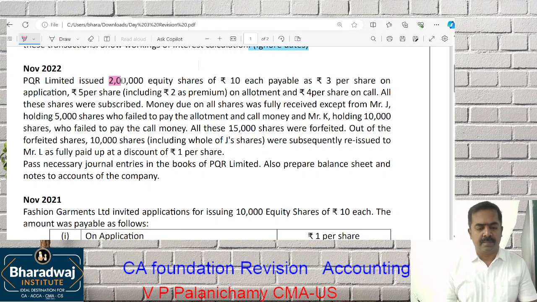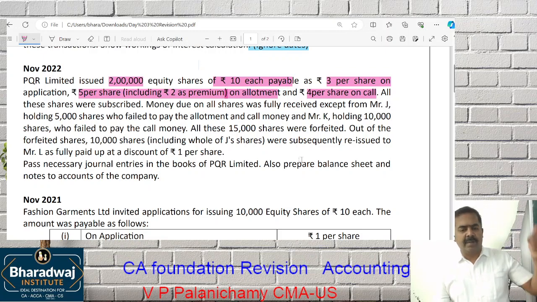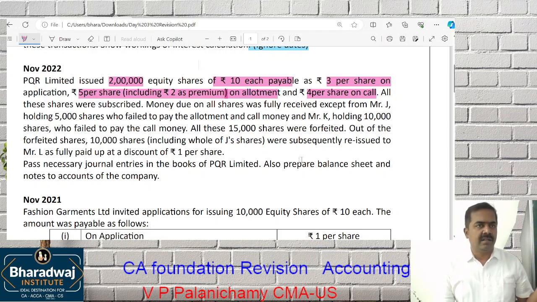How many shares are issued? 2 lakh equity shares of 10 each. 3 rupees on application. 5 rupees including 2 rupees premium on allotment, then 4 rupees on call. See how much it is, 3 plus 5 plus 4. What is the total? 12. So only application money, allotment money, and only one call money.